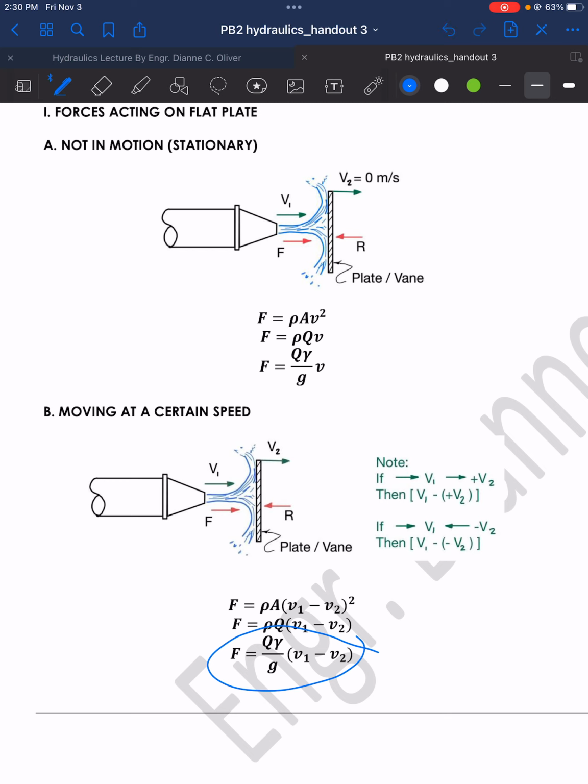Now here is a simple note as for our sign conventions. If V1 and V2 have the same direction, this is the direction of flow of the jet, and this is the direction of travel or the movement of the vane, then it's V1 minus the positive V2.